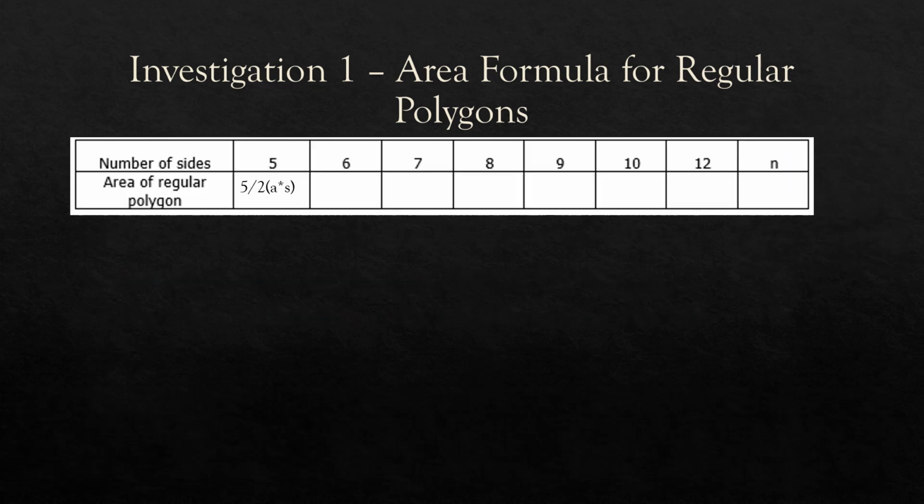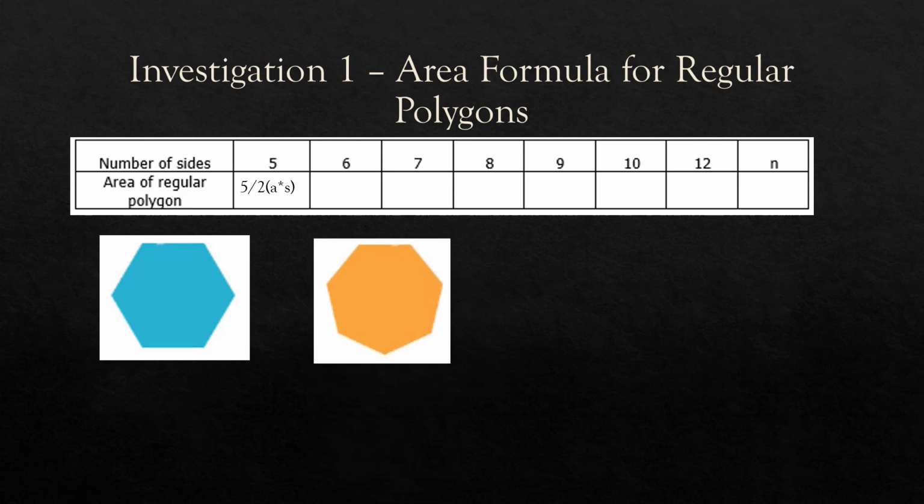Let's look at a hexagon. We know that there are going to be 6 triangles in this hexagon. If A is right here and S is up here, what is the area of the entire hexagon?